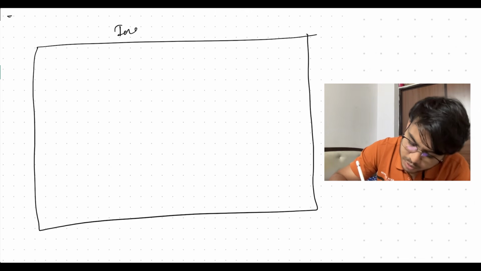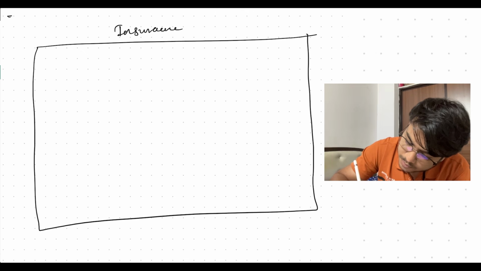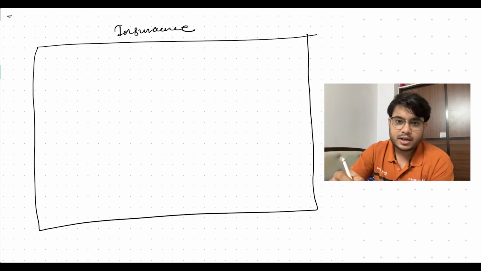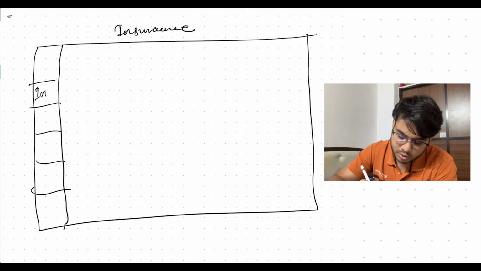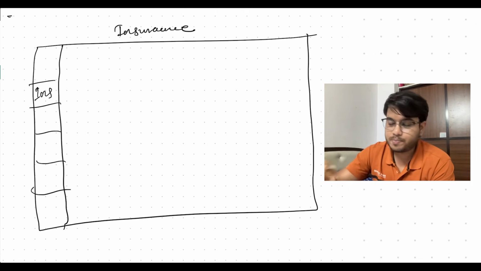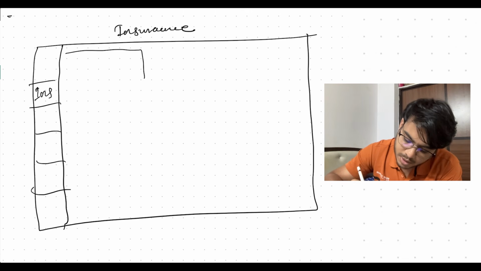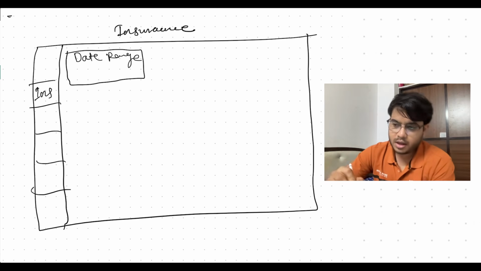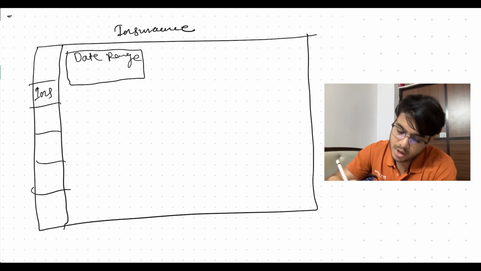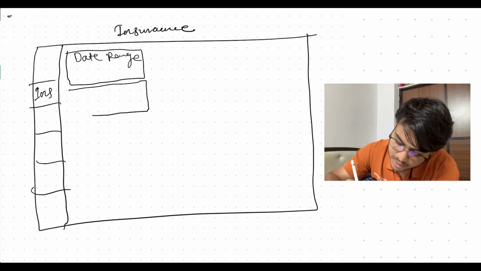For insurance, the same thing will be there, five things will be there, and we are talking about insurance. Here we'll be adding the date range. Then we'll add one more tab, which is total amount.